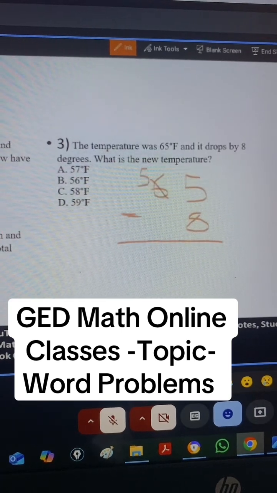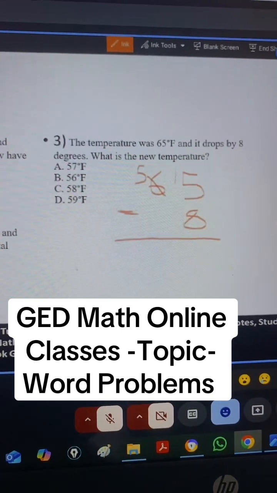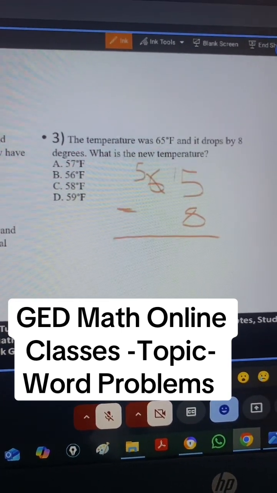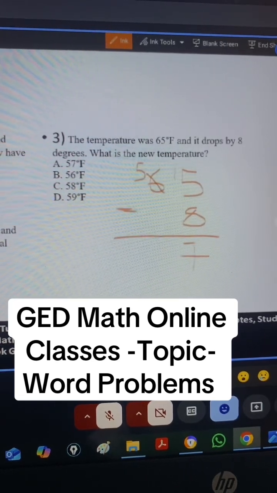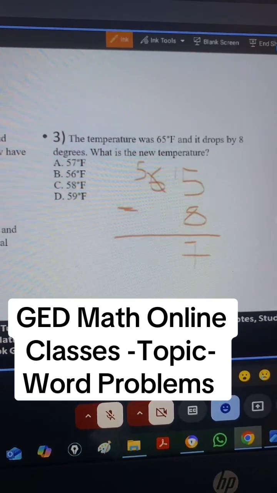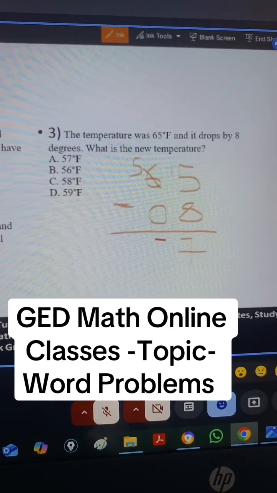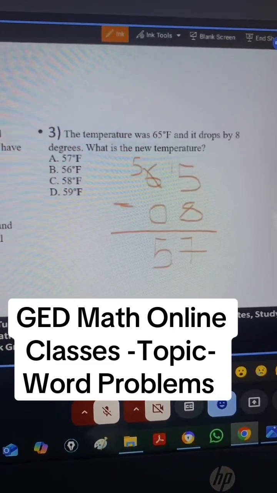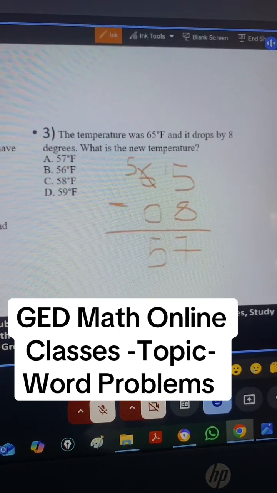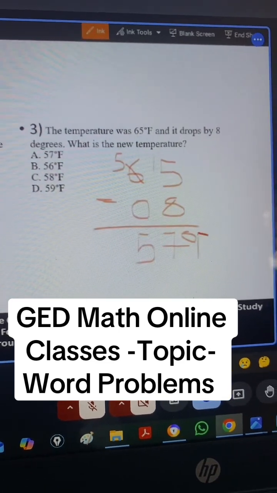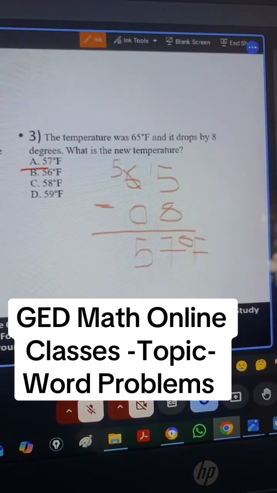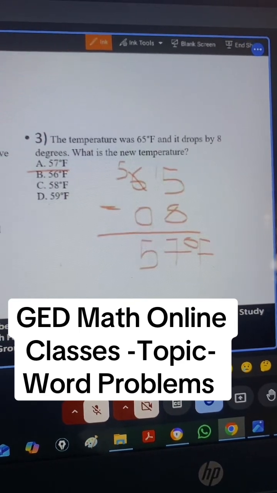When we add that 1 here, we have 15. So 15 minus 8 gives us 7. And then 5, there's no number here, so we replace it with 0. 5 minus 0 gives us 5, so 57. So the new temperature now is 57 degrees Fahrenheit, which is option A.